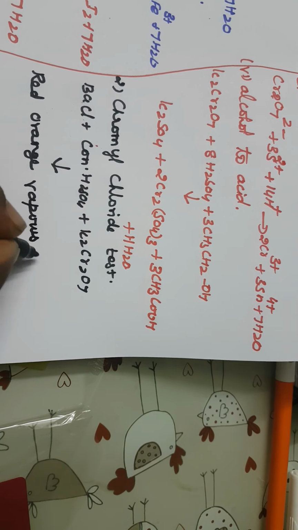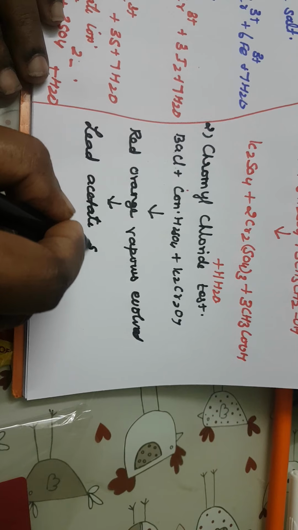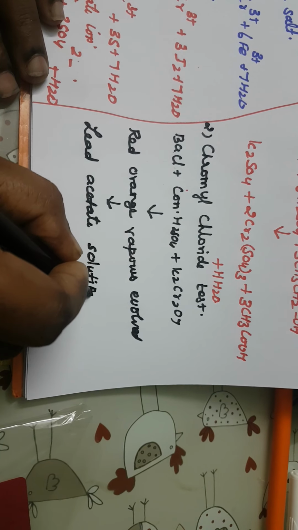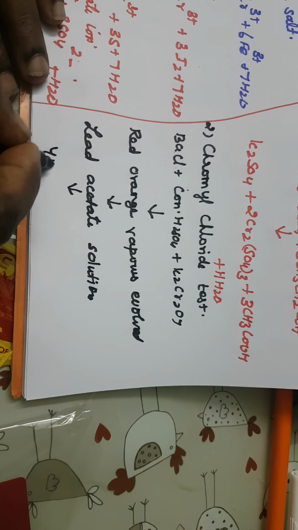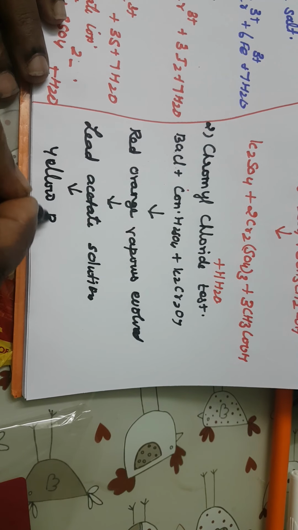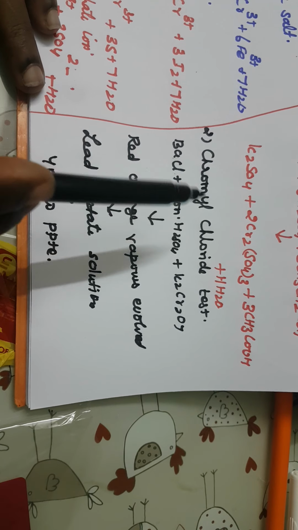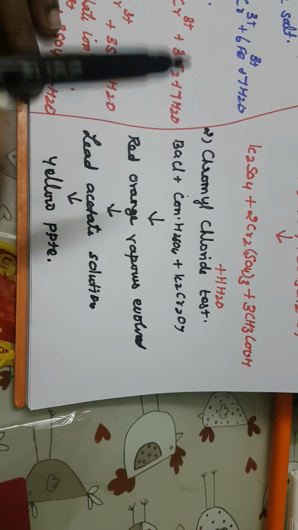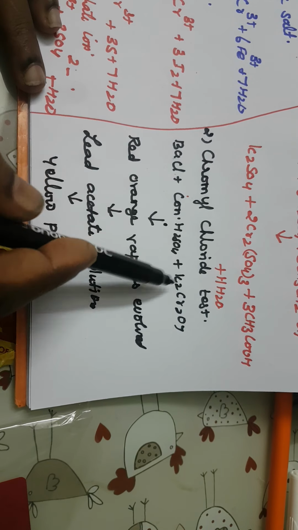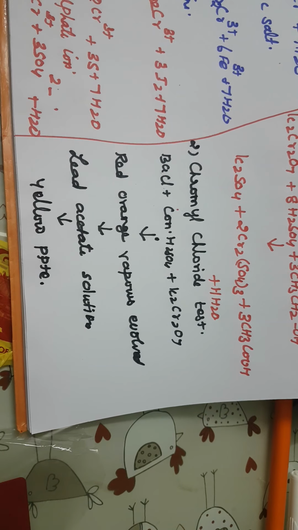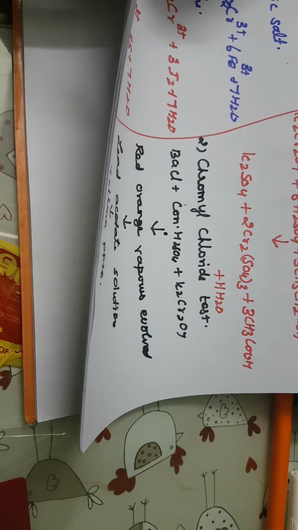A yellow precipitate is obtained. This is the confirmatory test for chloride, right? Chromyl chloride test: chloride salt, concentrated sulfuric acid, potassium dichromate, red orange vapors evolved, passed through lead acetate solution, yellow precipitate obtained, which confirms that chloride is present in that compound. This is the identification of chloride.